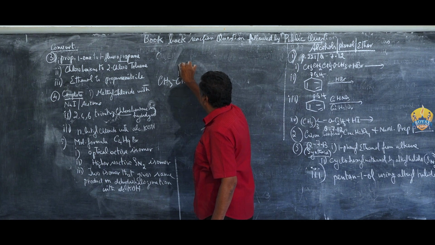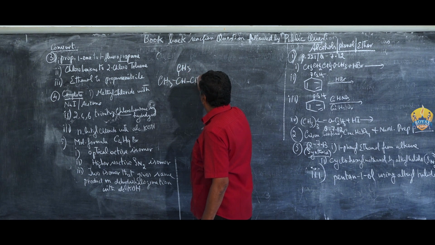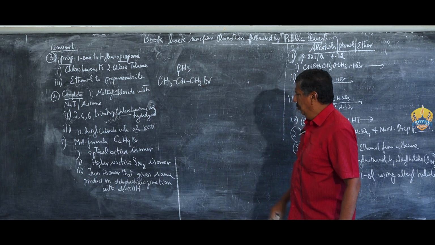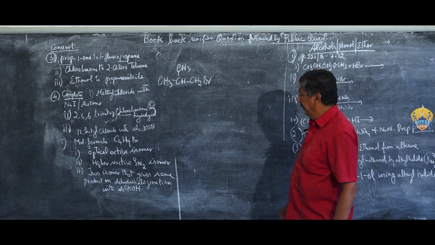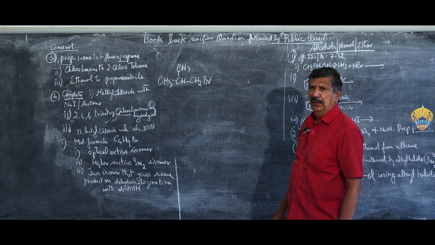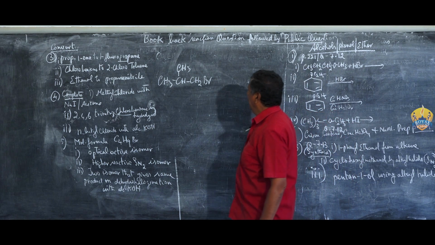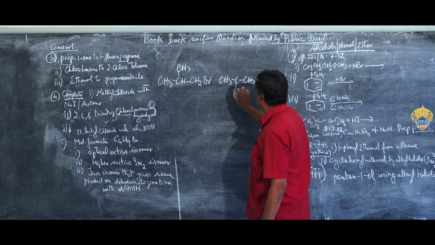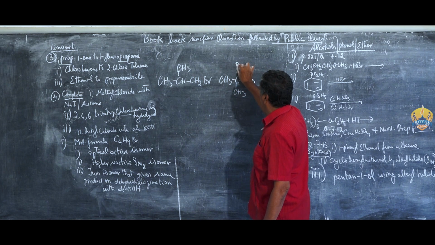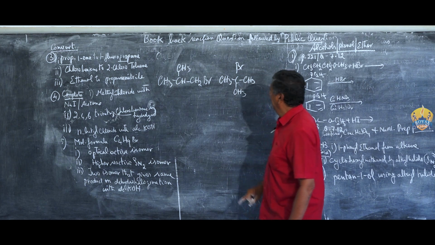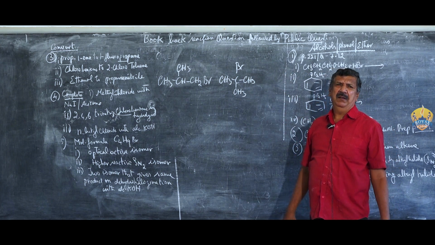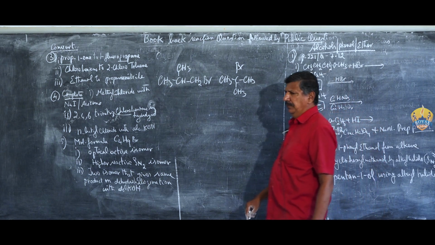Iso. You see, isobutyl. Two isomers that give the same product in dehydrohalogenation. Okay. In the first one, this is the second formula. These two isomers will give the same product.